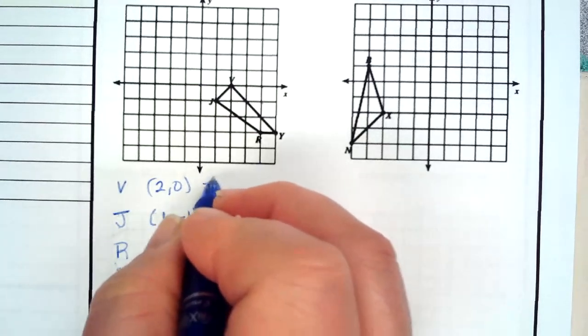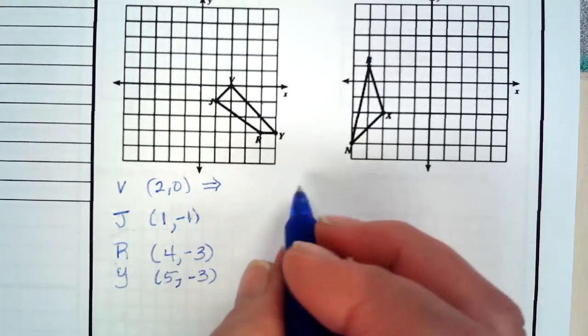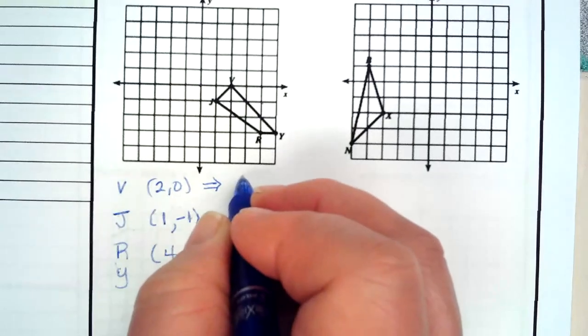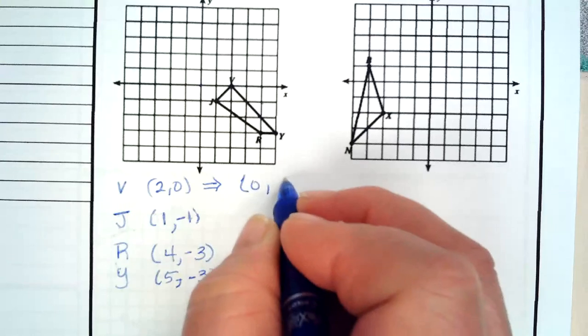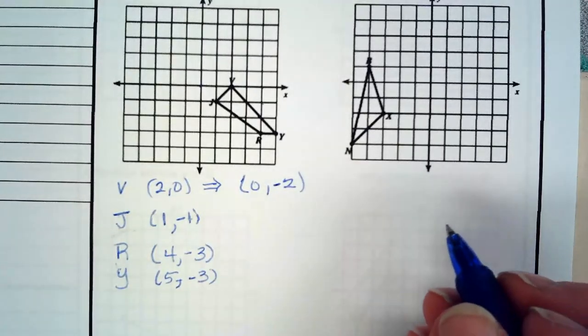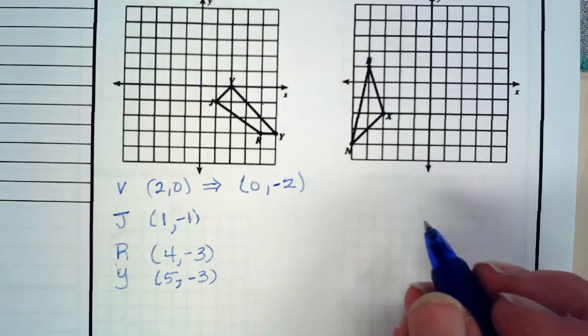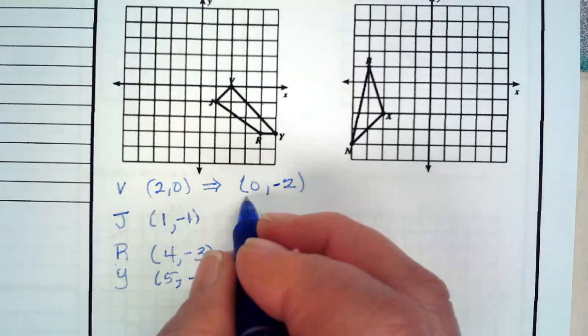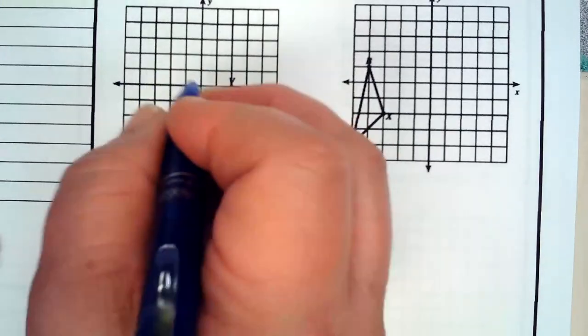These are mapped to. Okay, I just switch them around. So this becomes 0, 2. The second, they both become their opposites. There is no opposite of 0, so it becomes 0, -2.